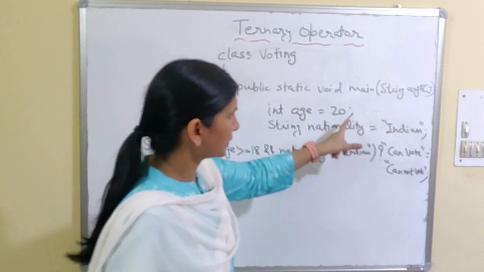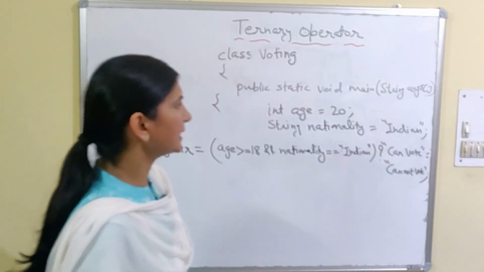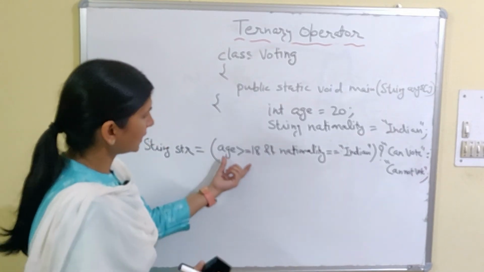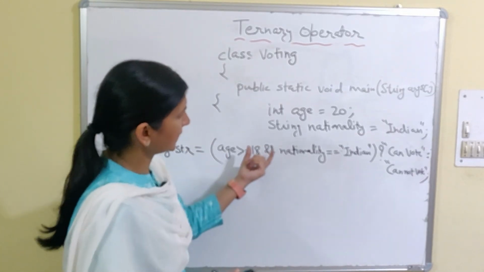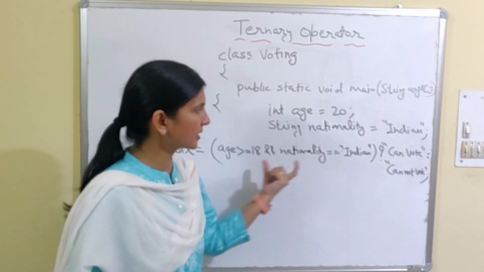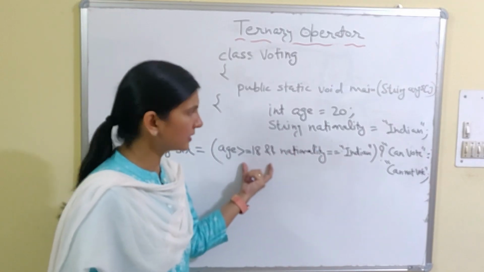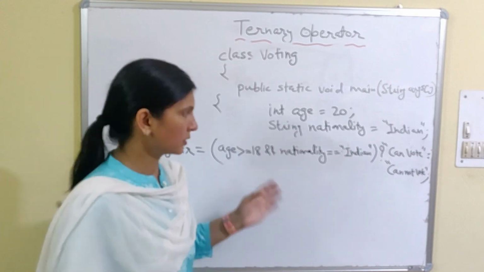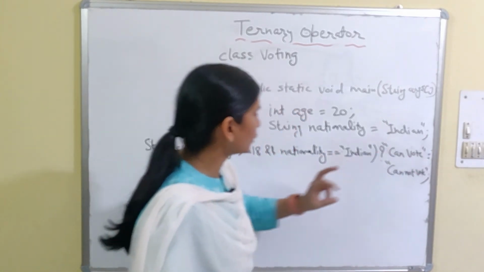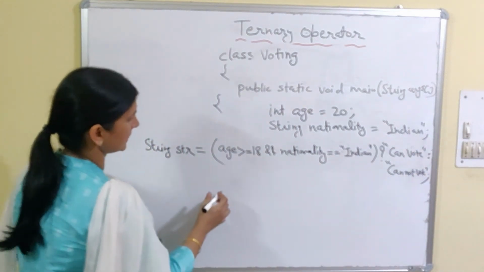Age 20 is assigned, nationality Indian you have assigned. Then now both are true. Age is also greater than or equal to 18, true. Nationality is also equal to Indian. So both are true. So in case of AND, true, true, true. So this whole will be true. Fine. So can vote will be assigned into str.